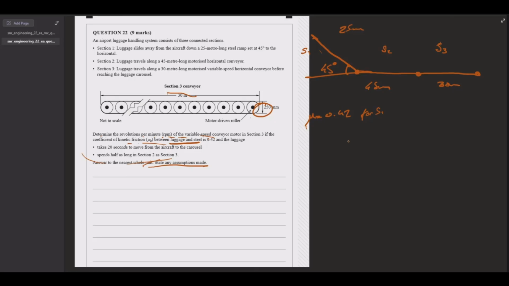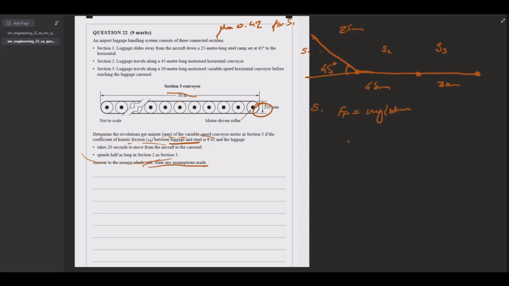First thing to do is figure out how long it takes to get down section 1, because that's not going to change. Section 1. The force we're going to experience is just standard F equals mg sine theta.